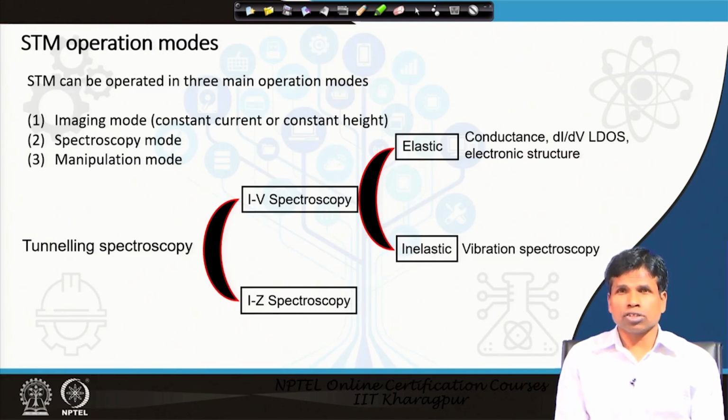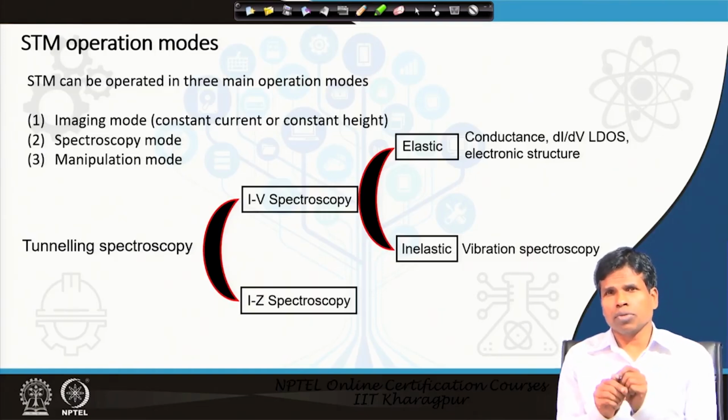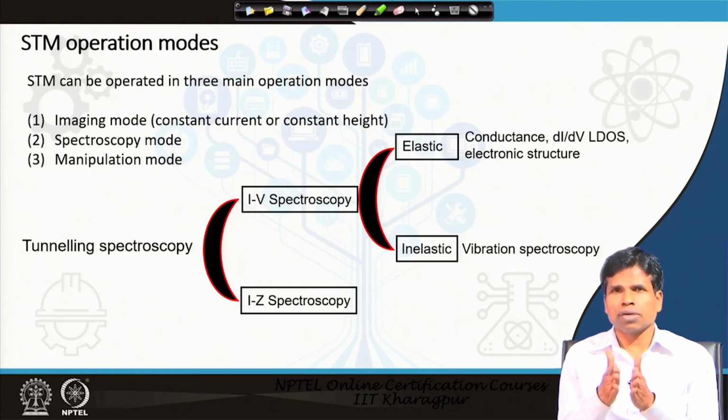As far as scanning tunneling spectroscopy is concerned, we can go for IV spectroscopy or IZ spectroscopy. I is the tunneling current, V is the bias voltage, and in the other case I is the tunneling current and Z is the distance between the tip and sample. In IV spectroscopy, the electrons tunnel from the tip to the sample, that means through the gap between the tip and sample, and that gap can theoretically be a real gap.